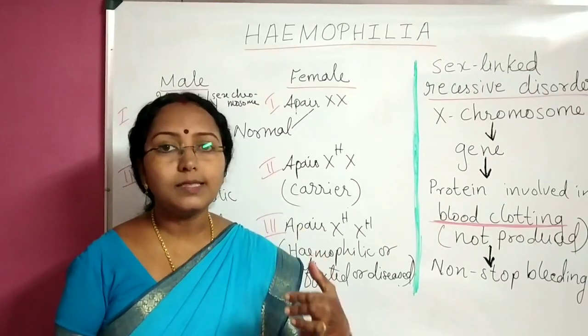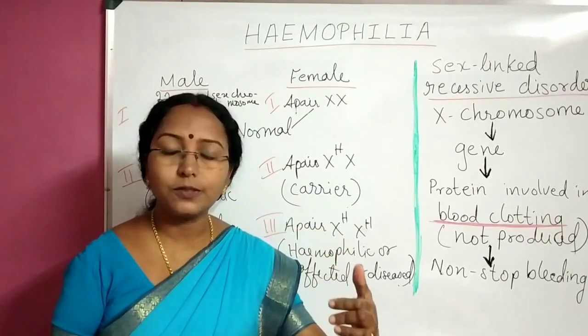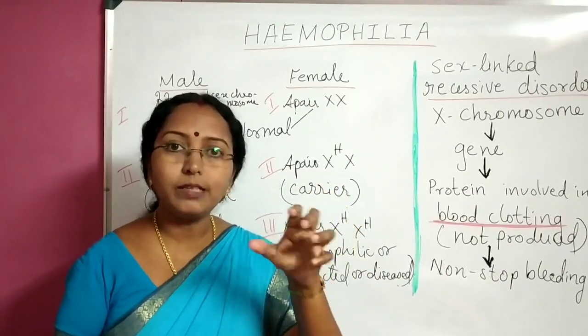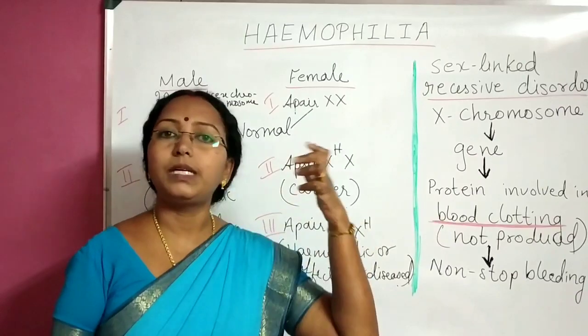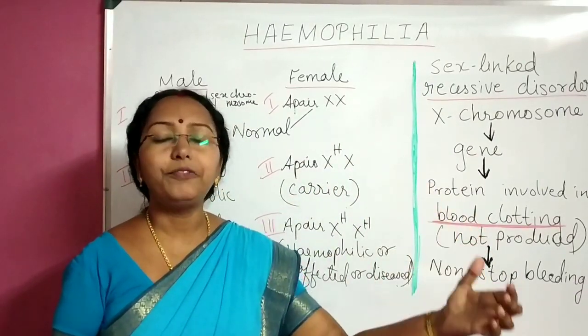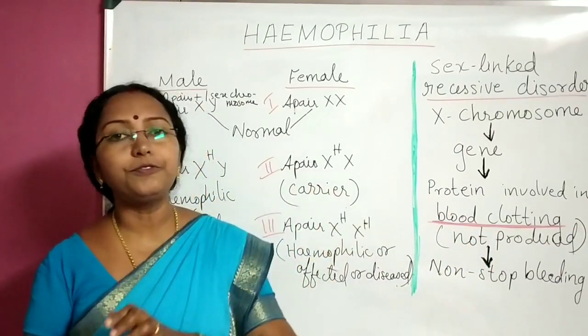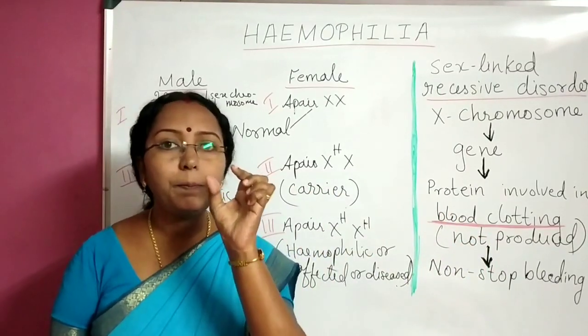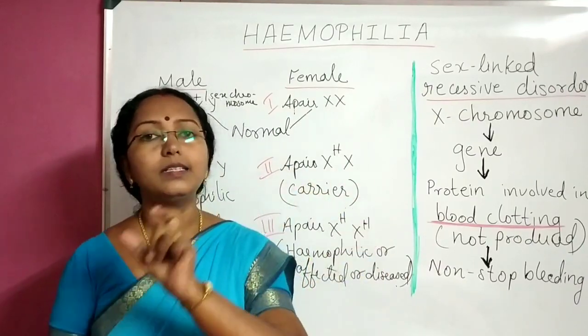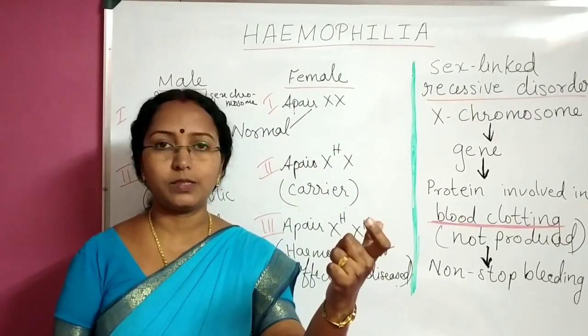Since males have only one X chromosome, if that X chromosome itself is affected, that means the male is diseased, or haemophilic, or affected. But in the case of females, since they have a pair of X chromosomes, if one chromosome is affected, the other chromosome can compensate for the loss.